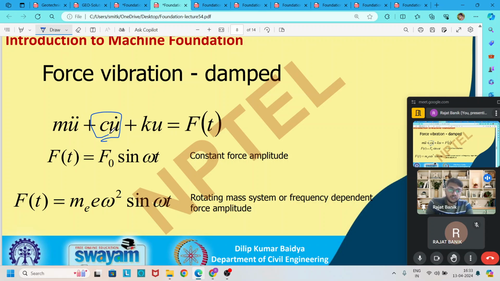One is constant force amplitude, and another is the rotating mass system, frequency dependent force amplitude. In the frequency dependent force amplitude, the amplitude is continuously changing because we use omega. We use the term m e omega square sine omega t, and for constant we use F naught sine omega t.